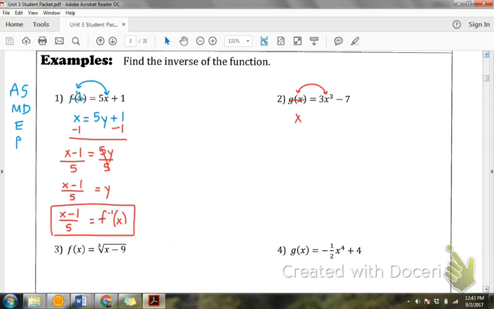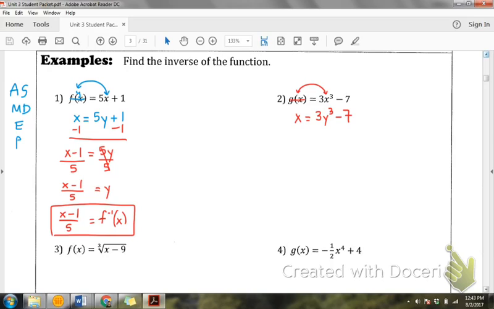So this becomes x equals 3y cubed minus 7. Notice I didn't change anything else. I still have that cube there. I still have that 3 there. I just changed the x and y. Okay? Now, if you think about reverse PEMDAS, addition and subtraction, is there an addition and subtraction to take care of?